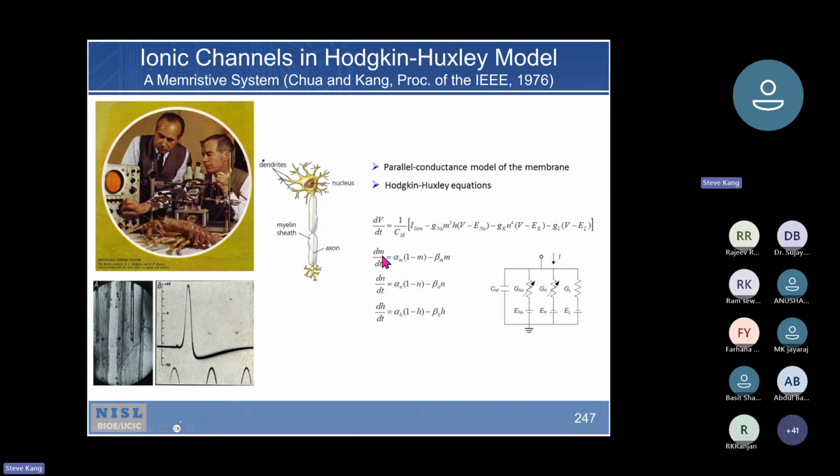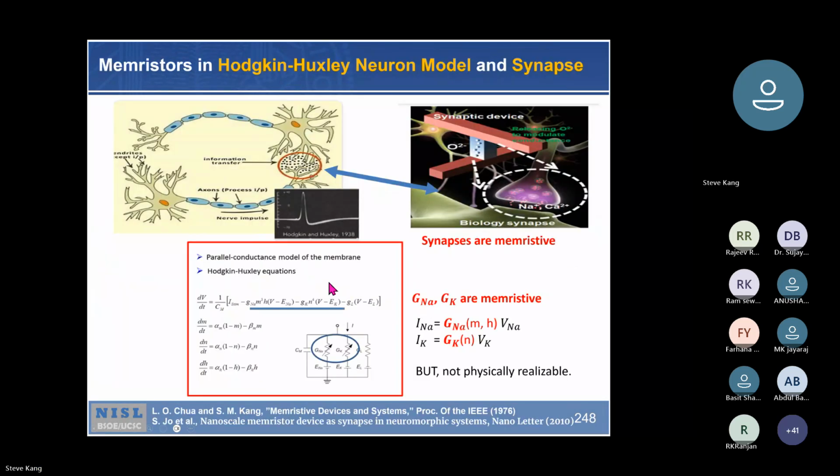And then there are three variables, m, n, h. They are probability functions varying from 0 to 1, right? They all have the same form of equation here. So it ends up being a very stiff nonlinear differential equation, a fourth order nonlinear differential equation. And again, this is the action potential propagating through a synapse.